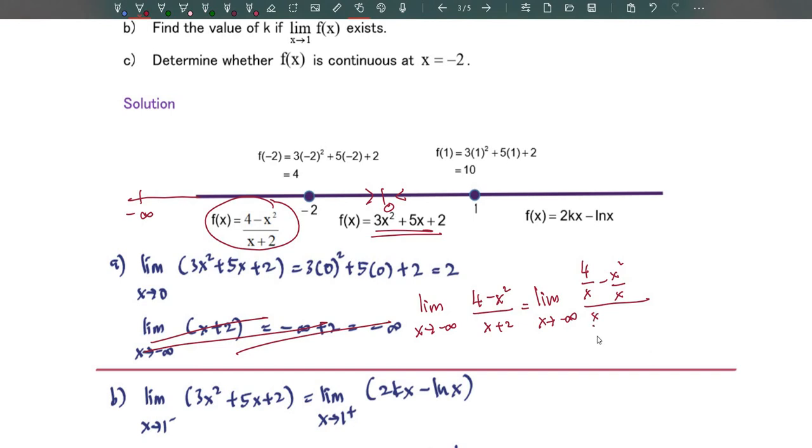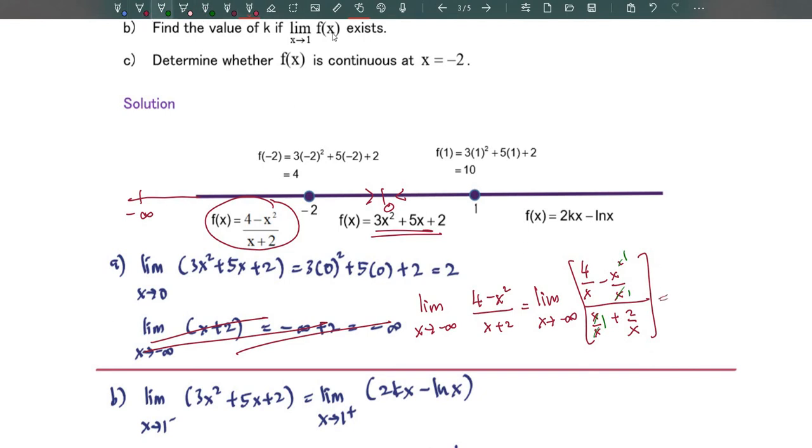And here x over x plus 2 over x, simplify. Let me calculate first. Here we simplify, this one is going to be 1, and here is 1.